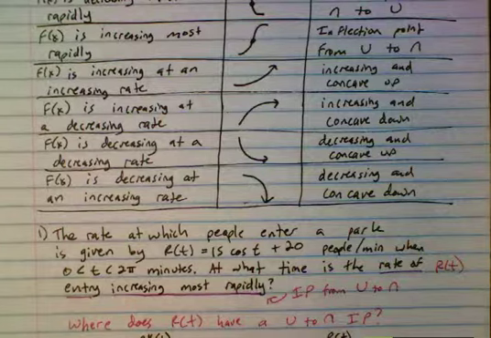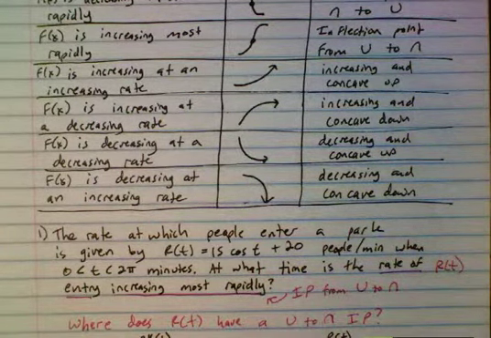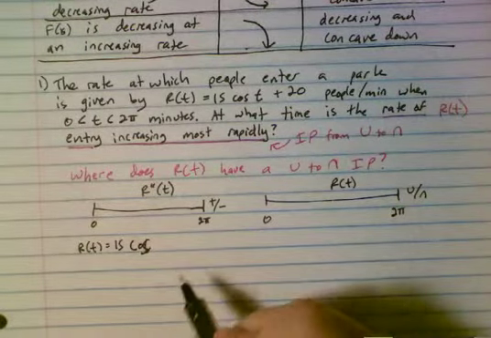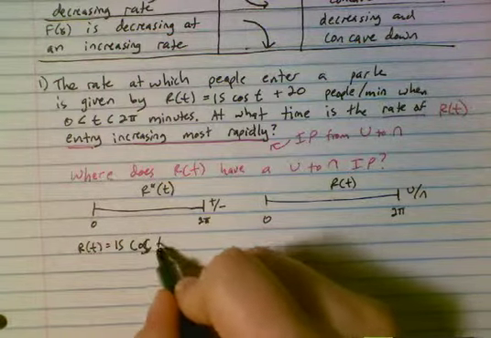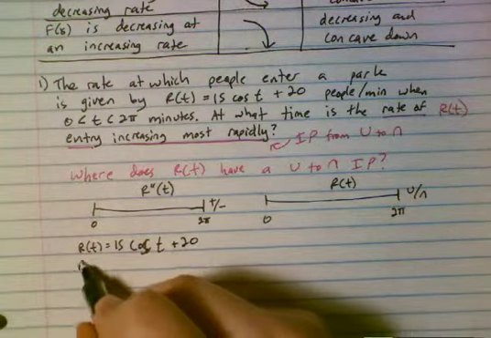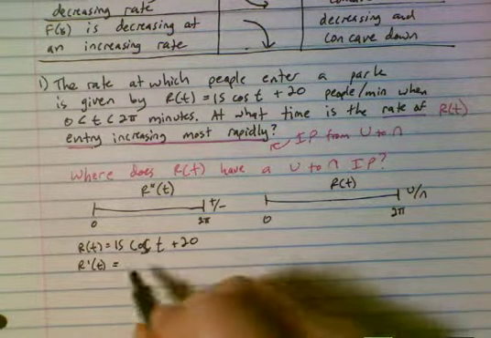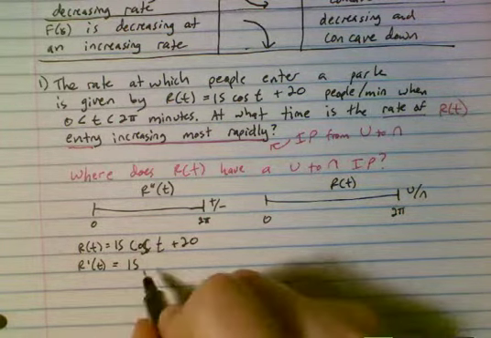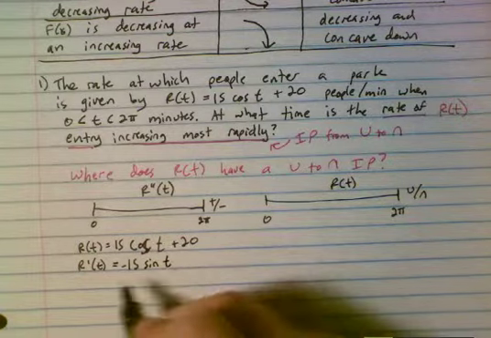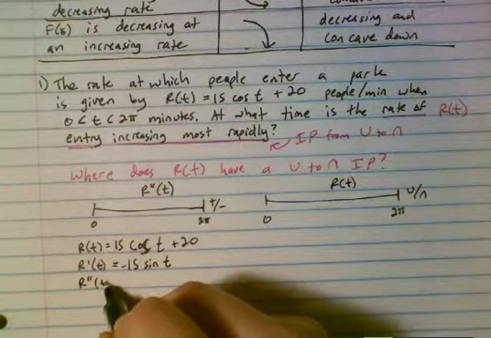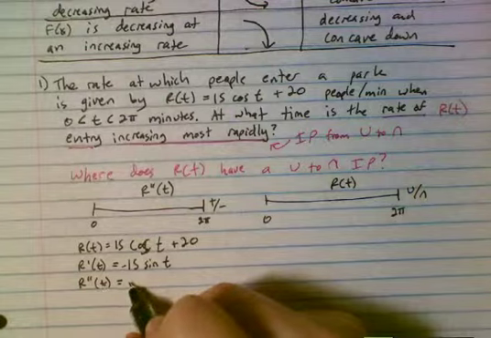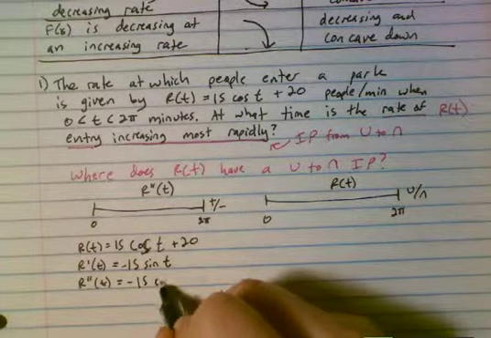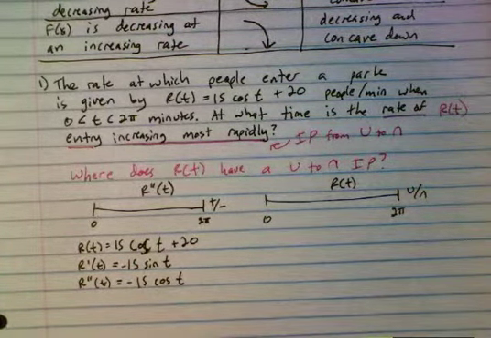So we need the second derivative, so we're going to start with r of t is 15 cosine, not cotangent. Whoops. Helps if I show you what I'm doing. Plus 20. So r prime of t is going to be 15, cosine's negative sine. R double prime of t follows it around to negative 15 cosine t.